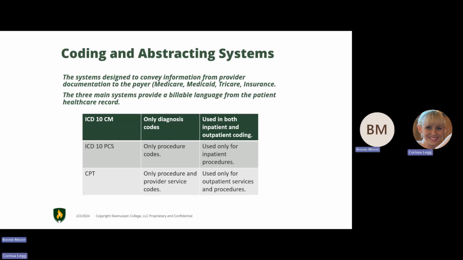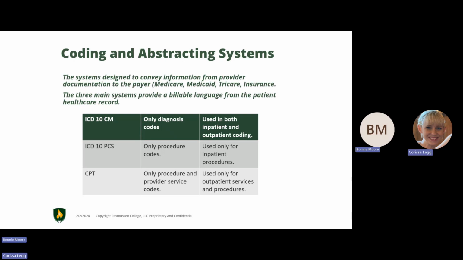So I wanted you to be aware of these three. The first one, which is in the dark highlight, is ICD-10-CM, and this is only diagnosis codes used in both inpatient and outpatient coding.